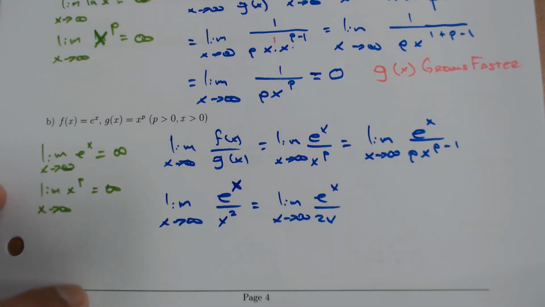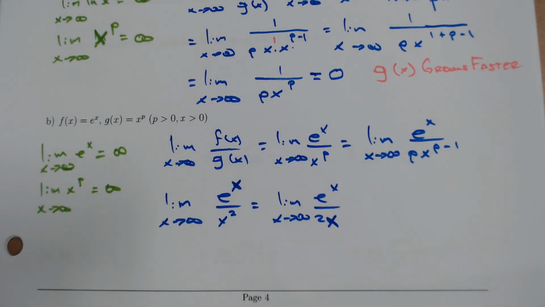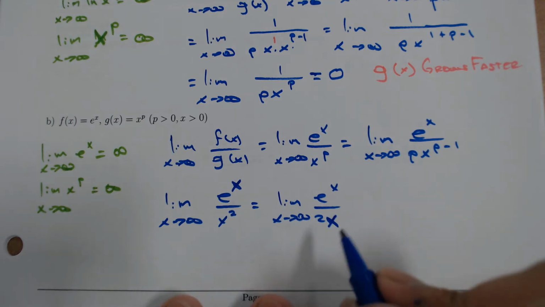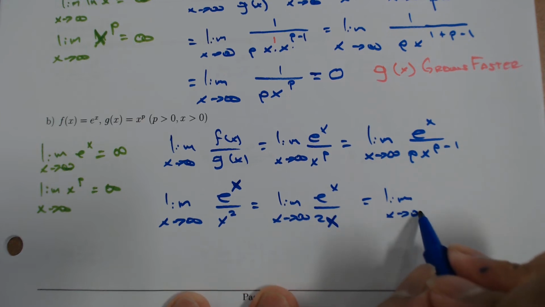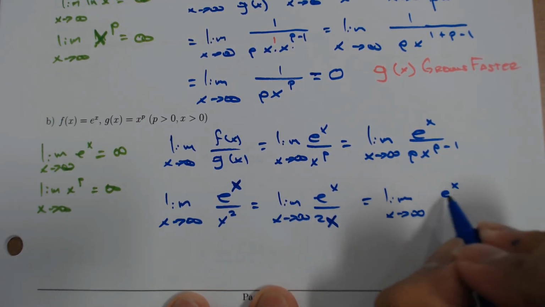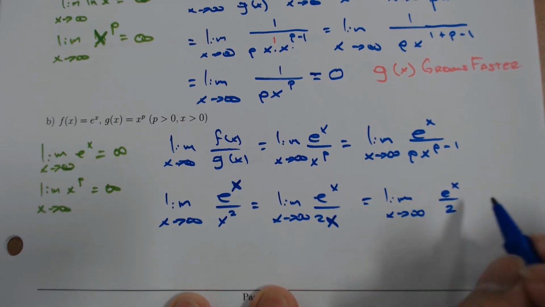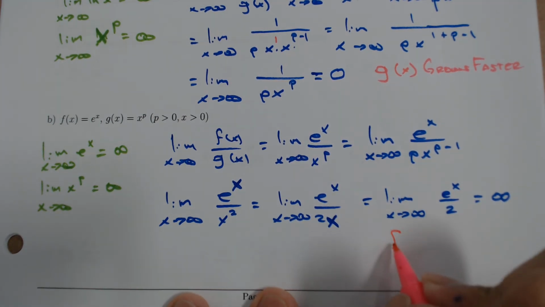And by looking at this ratio between e to the x and x squared, what do we have? Isn't it infinity over infinity again? Okay, that means L'Hopital's rule applies again. And in this case, well, infinity. That means in this case, which one grows faster? Isn't it e to the x or f of x?